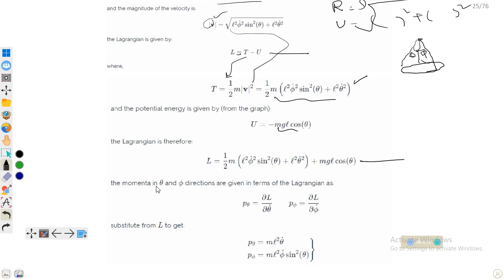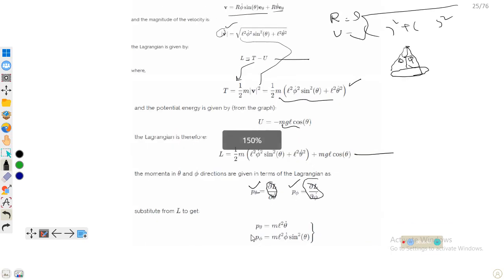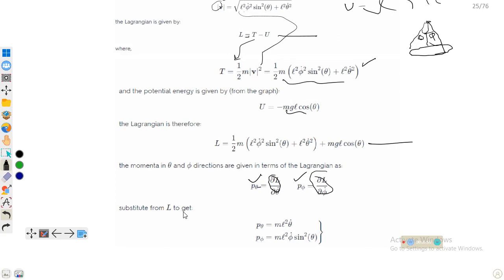Then the conjugate momenta in the theta and phi directions will be p theta equal to partial L over partial theta dot, and p phi equal to partial L over partial phi dot. Taking the derivative of the Lagrangian with respect to theta dot will give us the generalized momentum p theta, and similarly taking the derivative with respect to phi dot will give us p phi, and we can substitute from L to get this.